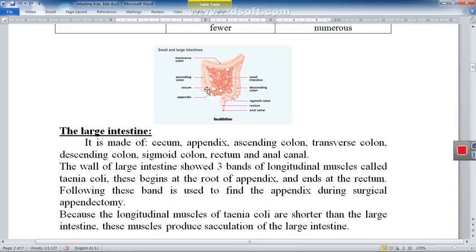Through this small opening you will find the tinea coli on the cecum, and then you will follow the tinea coli, and the tinea coli will lead you to the appendix, because the tinea coli begins at the root of the appendix, where the appendix is attached to the cecum. So the tinea coli is used during appendicitis, during the operation for removing the appendix, and through the McBurney incision you will follow the tinea coli to the root of the appendix, then find the appendix to remove it.